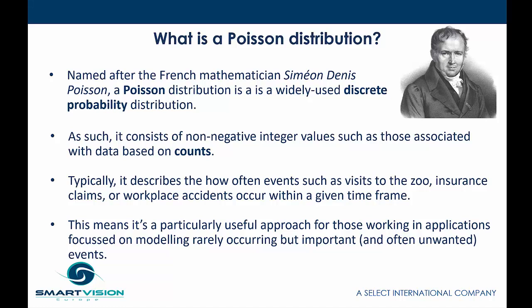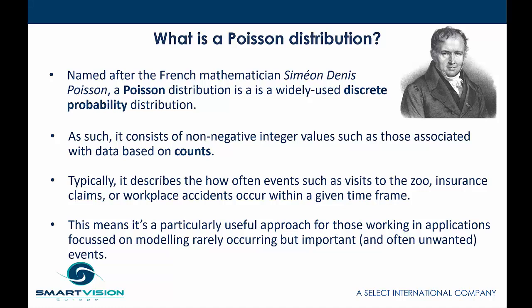Poisson distributions are widely used discrete probability distributions, and that means they consist of numbers which are non-negative integer values, i.e. whole numbers, such as those that are associated with data based on counts of things. And typically they describe how often events such as visits to the zoo, insurance claims, or workplace accidents occur within a given time frame.